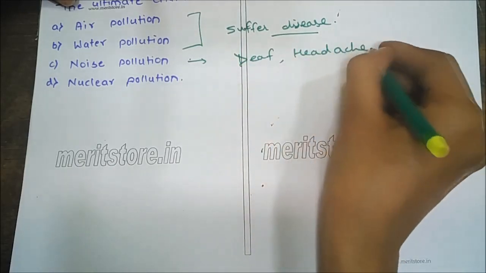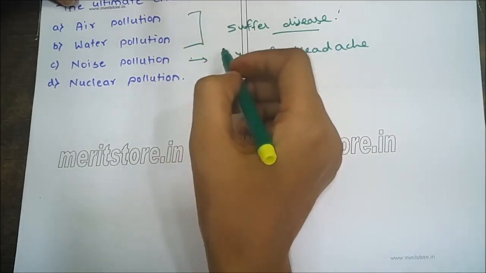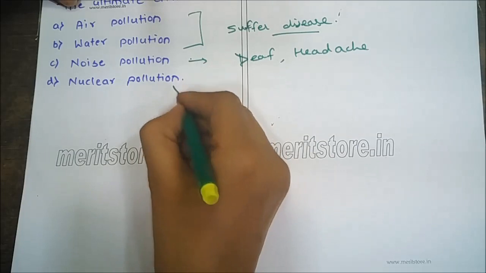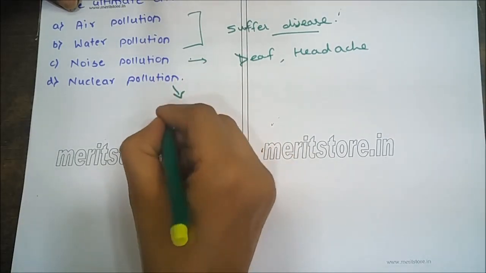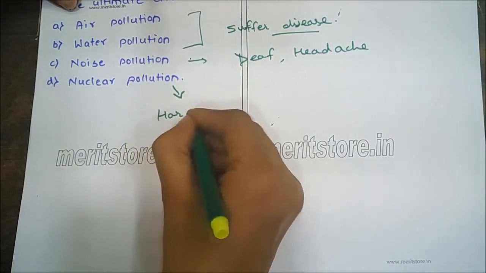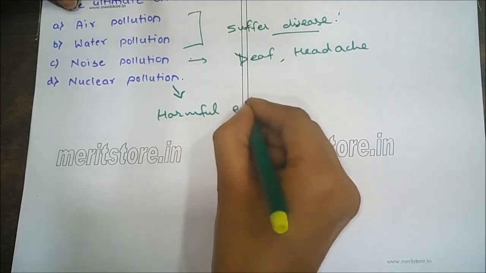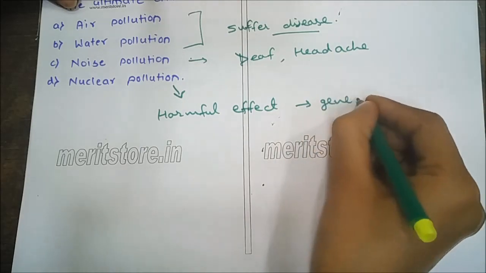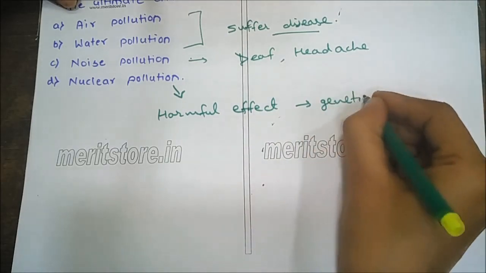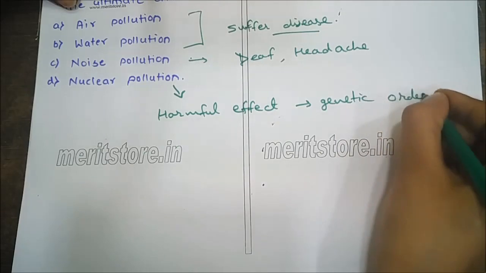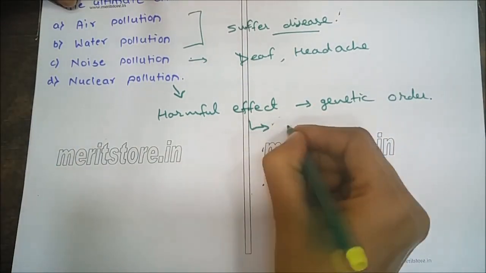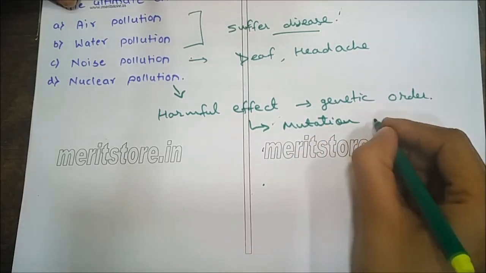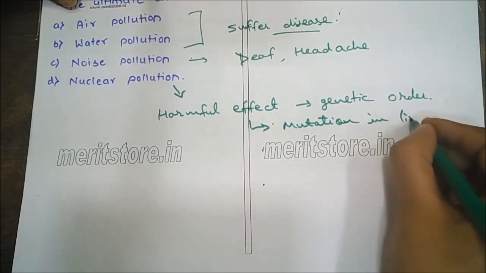or get headache and migraine problems. These are not the hazards to mankind, but because of nuclear pollution, there is a harmful effect in the genes, or harmful effect on genetic order, or it will cause mutation in living beings.